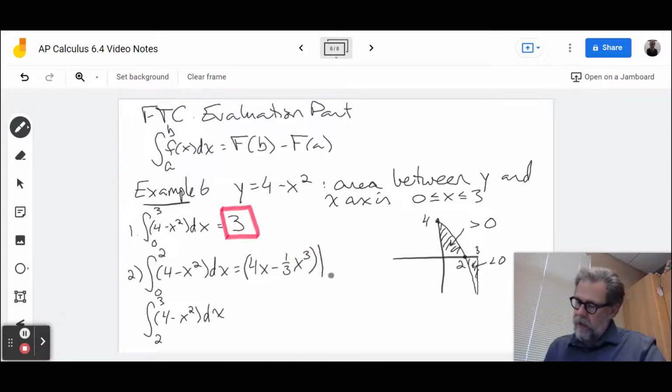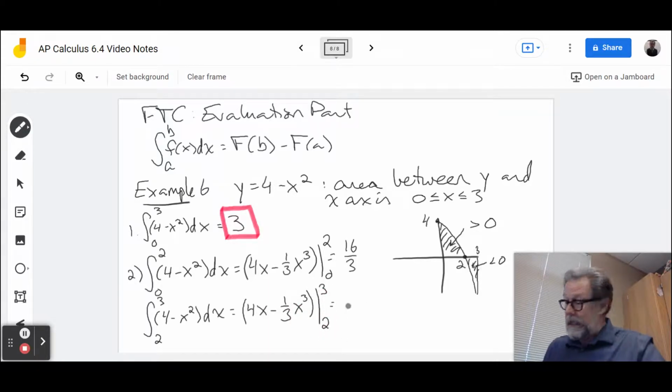I'm going to evaluate from 0 to 2, and what I get is 16/3. And when I evaluate this antiderivative, 4x minus 1/3 x cubed, from 2 to 3, what I discover is that, in fact, this evaluates out to negative 7/3.